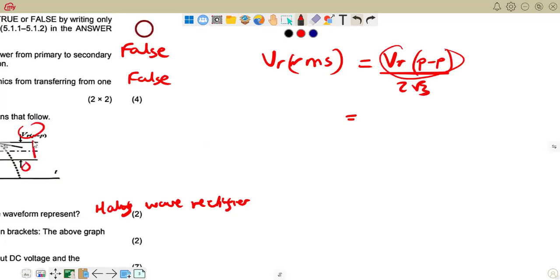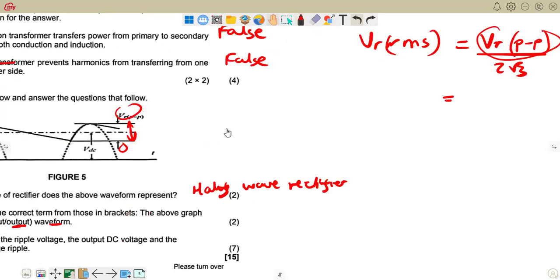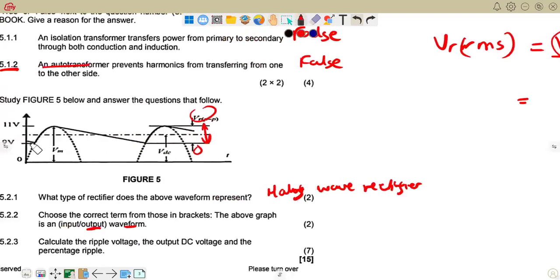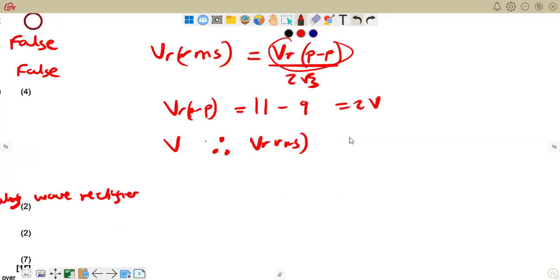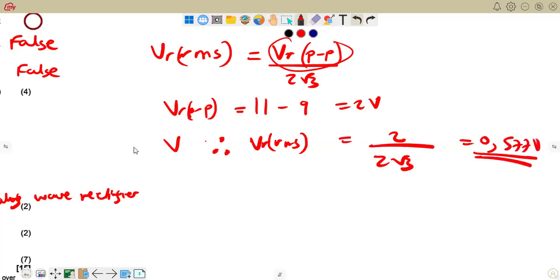We need the VR peak to peak: the maximum is 11 and the minimum is 9. So VR peak to peak is 11 minus 9, that gives us 2 volts. Therefore VR RMS is 2 divided by 2 root 3, and that gives us 0.577 volts.